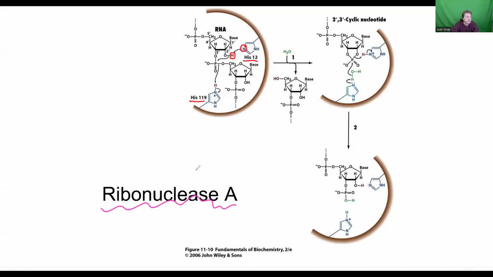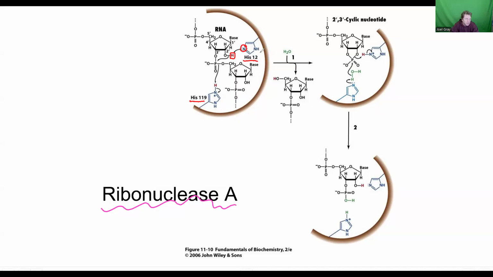What are they doing in this same step? In the step where histidine 12 is picking up a proton, look down here at histidine 119. The electrons shared between the nitrogen in the imidazole ring and that hydrogen, where are they going? They're going back to our nitrogen. So essentially that nitrogen is giving up that hydrogen.